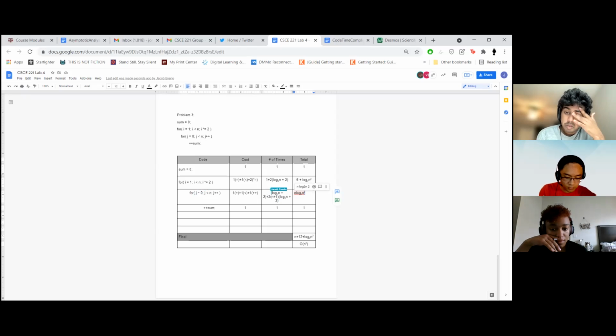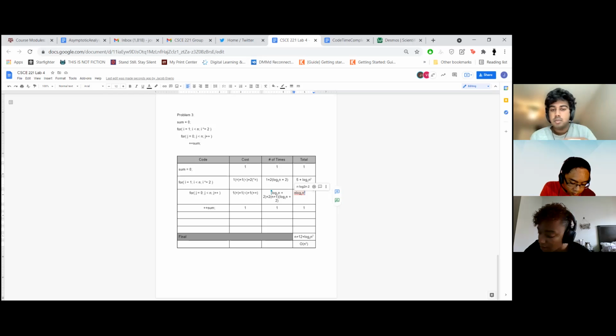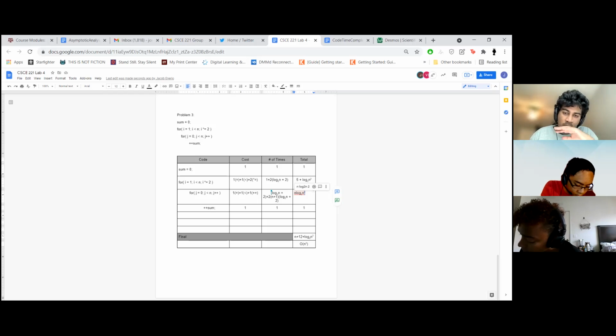Yeah, so I messed up. Oh, okay. So then that makes the computation a bit easier. It's just 2n log 2n plus 2n plus 2 log 2n plus 2. And then we're going to add the other log 2n plus 1.